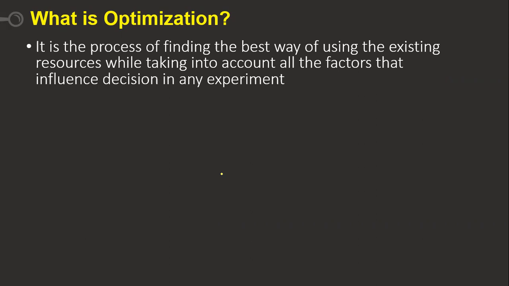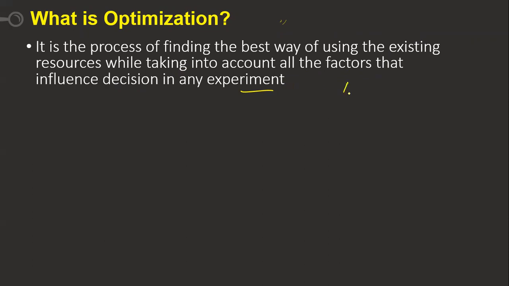We'll be using some catalyst, some solvent, etc. So what is the best way in which we use the existing resources, taking into account all the factors that influence decisions in any experiment, to maximize the product and maximize the profit? That is what we are going to study, called optimization.